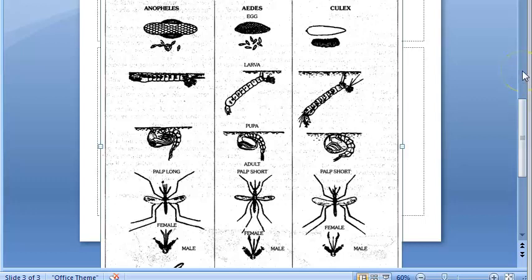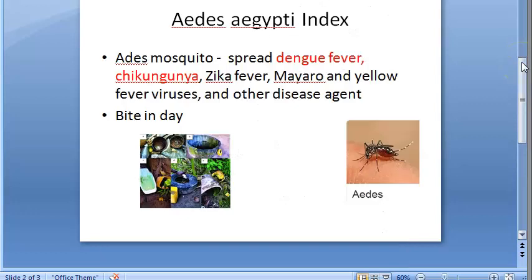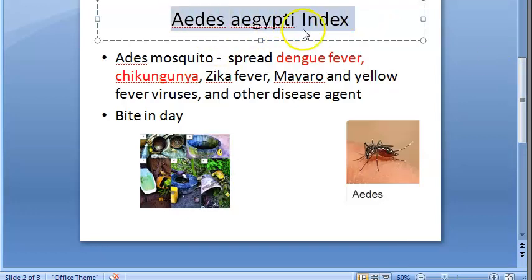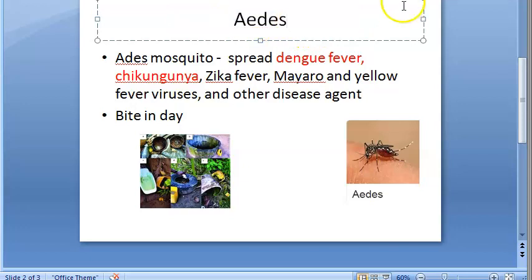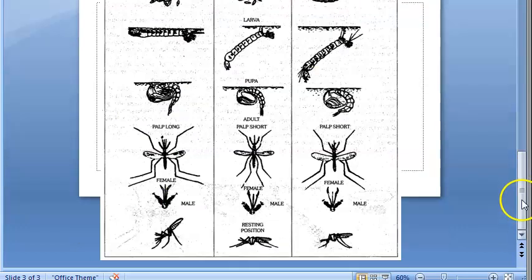So what we have to do now is learn what the Aedes aegypti index is. That was the whole point of this video. So now let us look at what this Aedes aegypti index is.